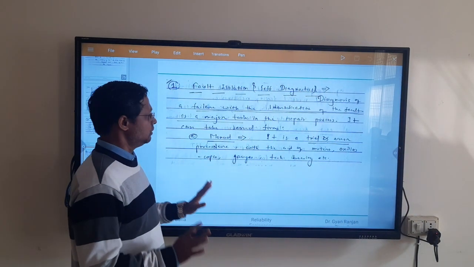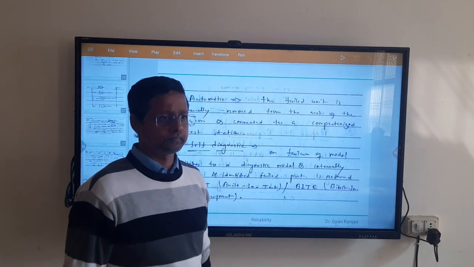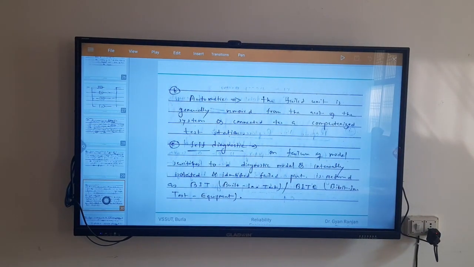Can do, but obviously not advisable. What could be better? Automatic. Some sort of automatic action should be done, है ना? Failure हुआ, the system is able to isolate itself, है ना? Now you have a certain automatic maintenance procedure. It will be there. Maybe some robotic action, some kind of mechanism is already there. So it will go and then it will repair itself.